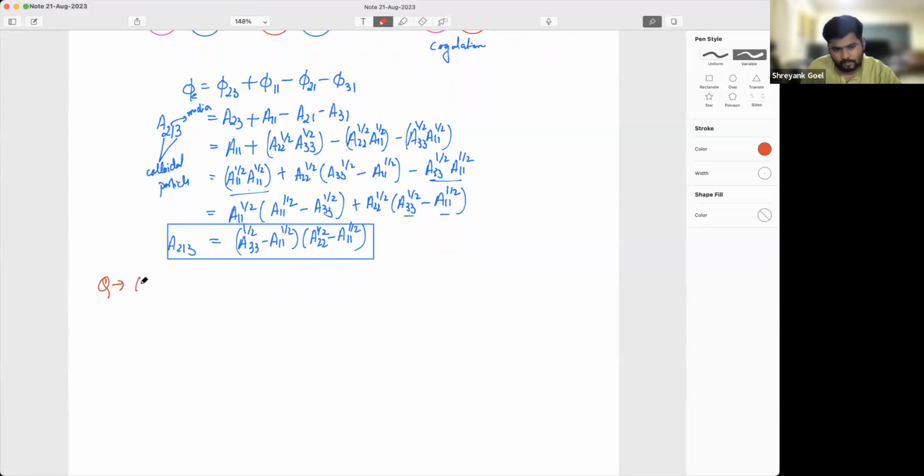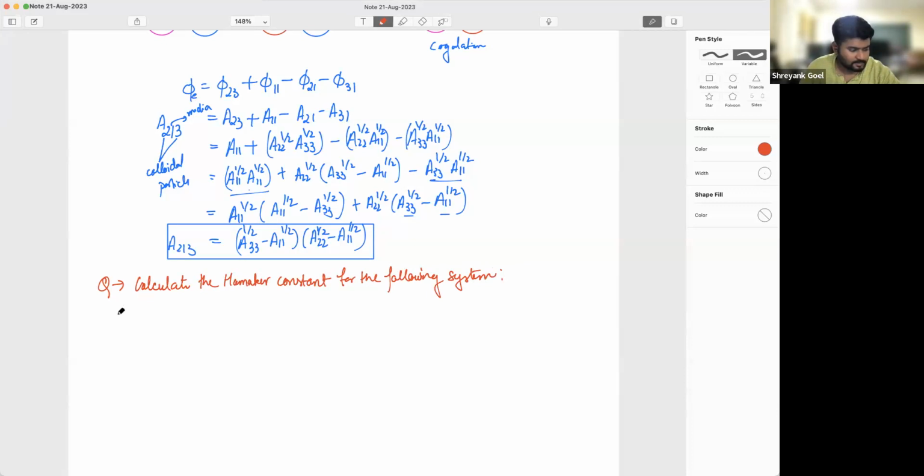To calculate the Hamaker constant for the following system.